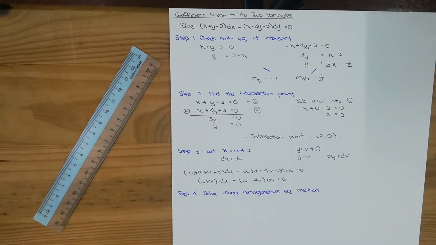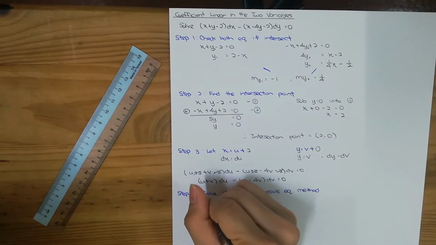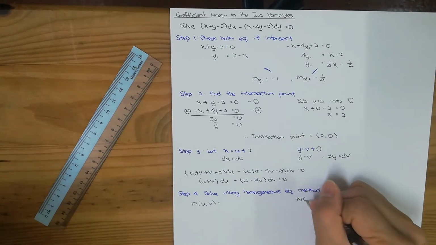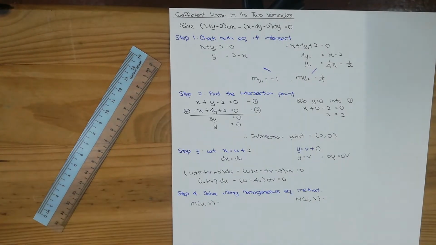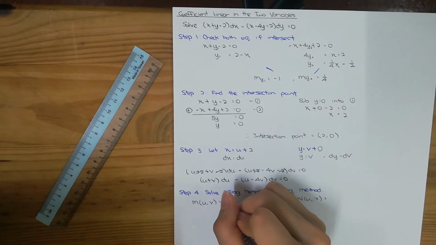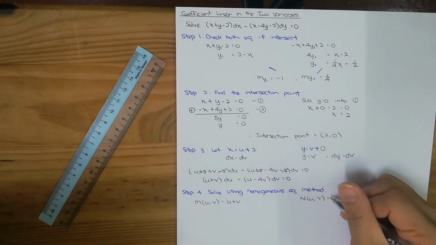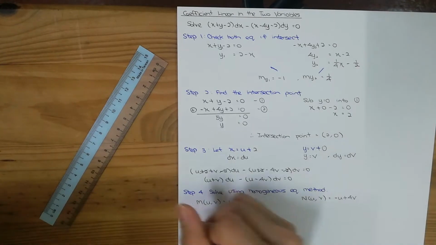For homogeneous, we need to denote first the u and v terms as M and N, because our terms are in u and v, not x and y this time. So M(u, v) is u + v, and for N we have -u + 4v.